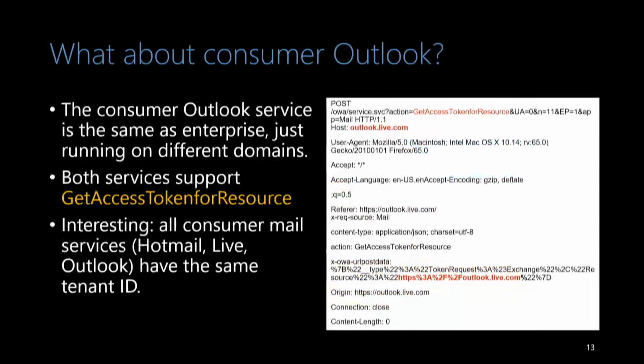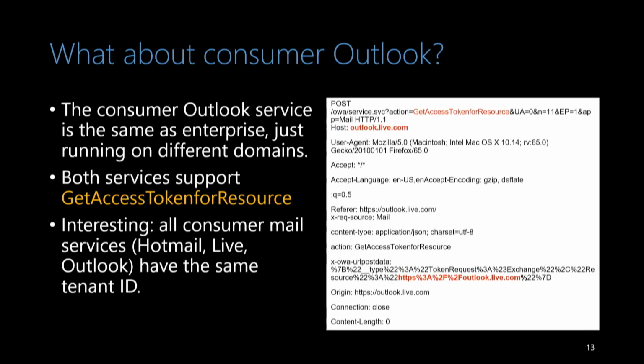Basically, the consumer Outlook service is the same as enterprise, just running on a different domain. Enterprise runs on outlook.office.com, and personal runs on outlook.live.com or mail.live.com. Both services support this special endpoint, get access token for resource. I also learned an interesting thing from the consumer Outlook service.